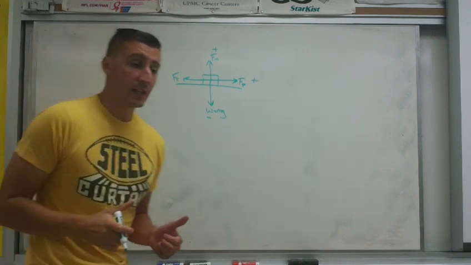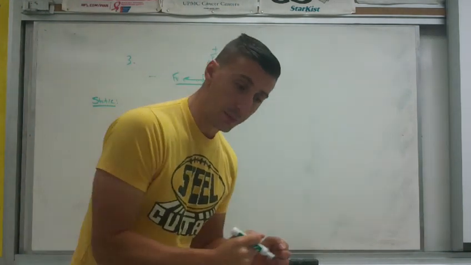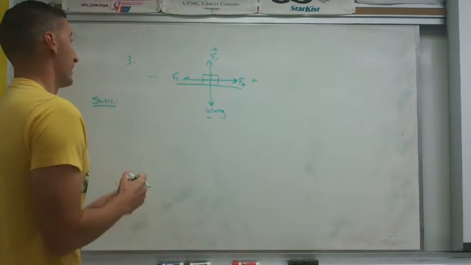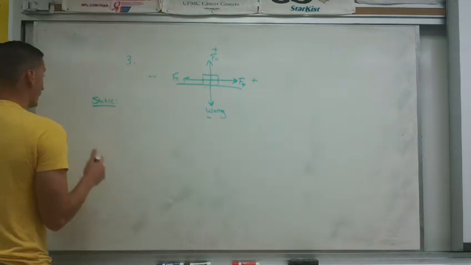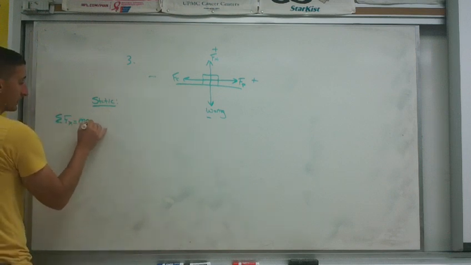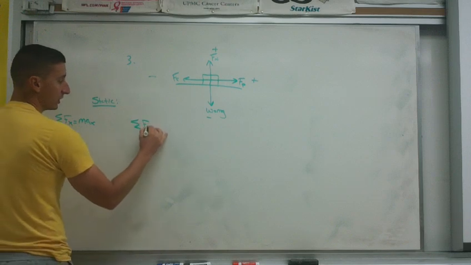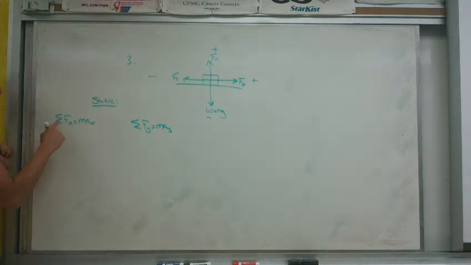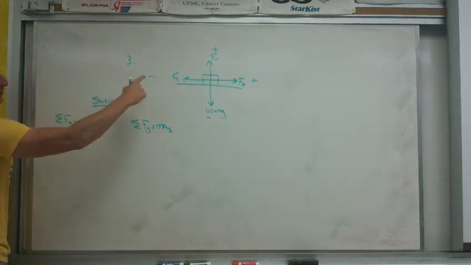So you know that a 48 Newton force is the minimum force required to push that box. All right? So think about it. The box isn't moving yet. So when I write these forces, summation of forces in x equals max, and summation of the forces in the y equals may. So again, add up all the forces in the x direction. I have Fp and Ff.